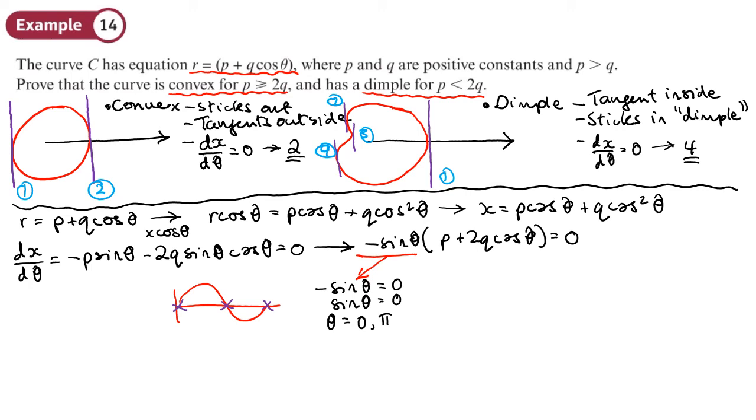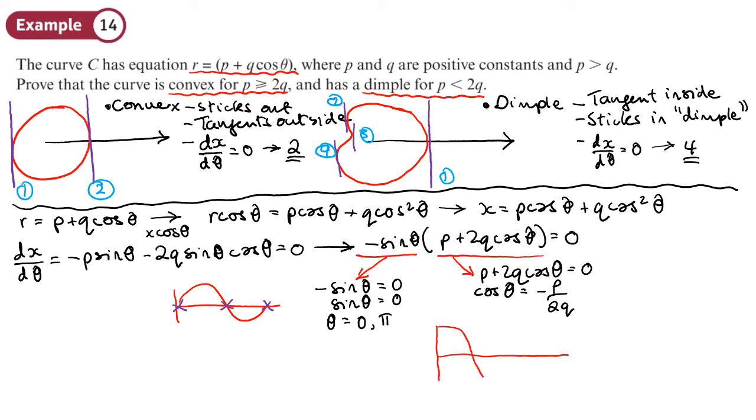And if we look at p plus 2q cos theta equals 0, that means cos theta equals negative p over 2q. So let's use a graph of cos to help us.